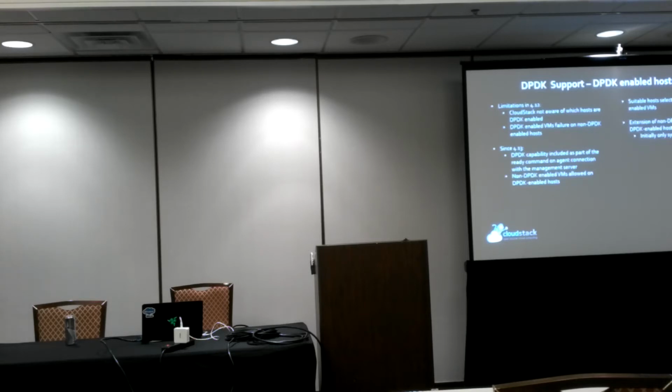Also in 4.13, in order to allow VM migrations, because it was not allowed to migrate VMs between DPDK hosts, we had to introduce a way to let the management server know when a VM is created with DPDK support.